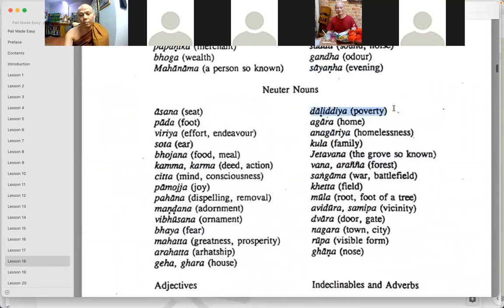If we don't know that, we may think these are two unrelated forms, but some nouns are derived in this way, from the adjective or from the verb. Just to understand that.